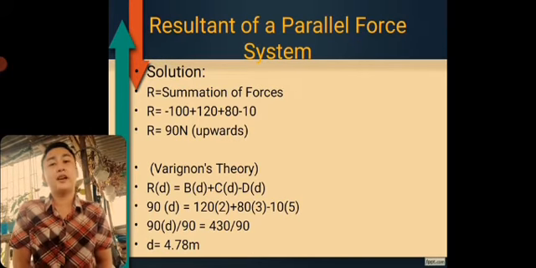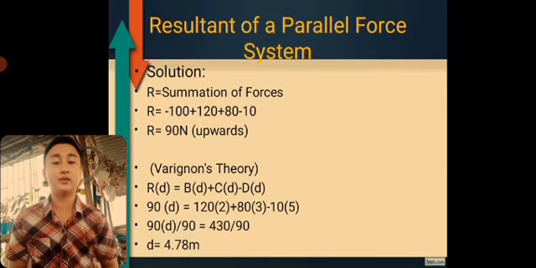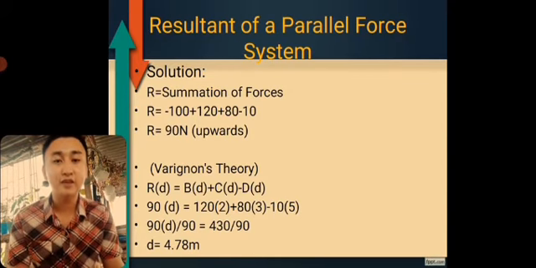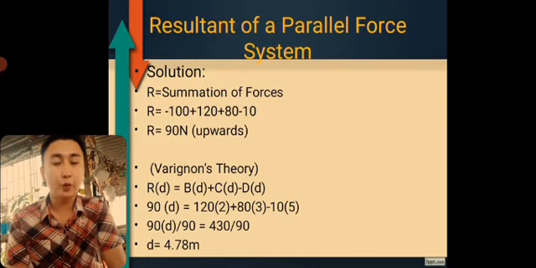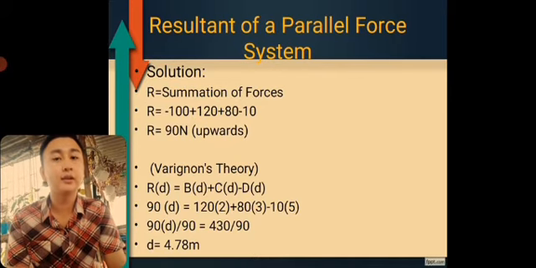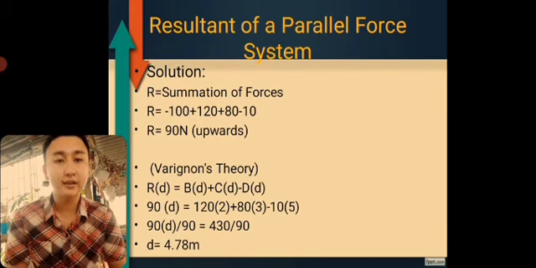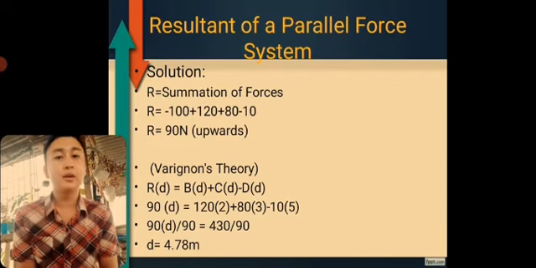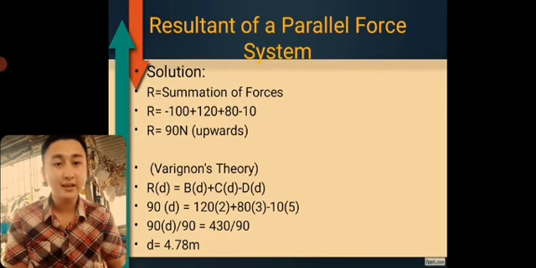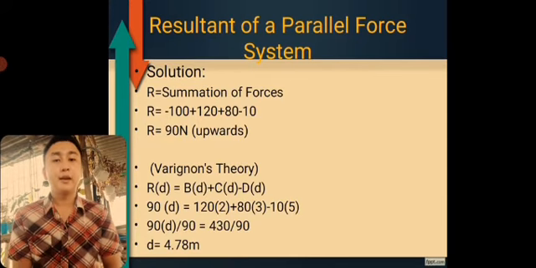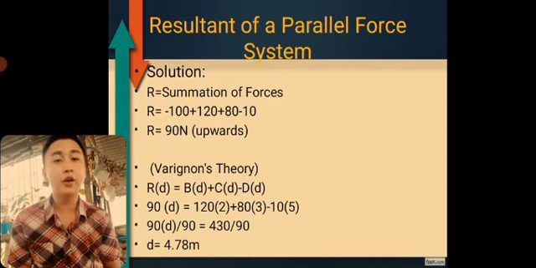And to find the distance of the resultant, let us use Varignon's theorem. R times D is equal to the force from point B times the distance from point B to point A, plus the force from point C times the distance from point C to point A, minus the force from point D times the distance from point D to point A. So 90 times D equals 120 times 2 plus 80 times 3 minus 10 times 5. 90 times D divided by 90 equals 430 divided by 90.